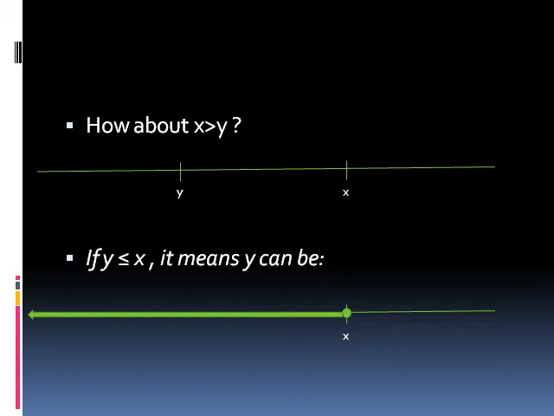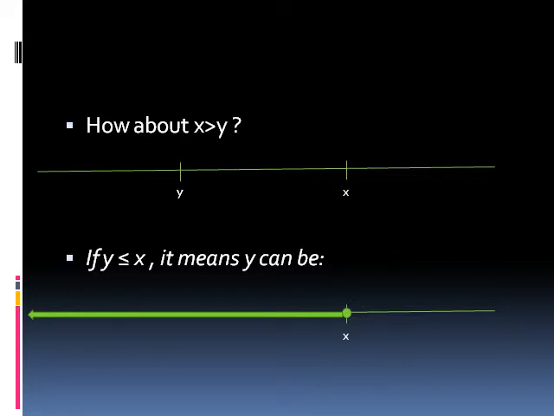If y can be x, then we would mark x with a solid circle, as you can see in the number line below. If y cannot be x, then you would draw a circle and you wouldn't color in the circle.